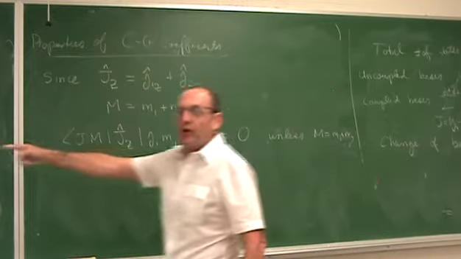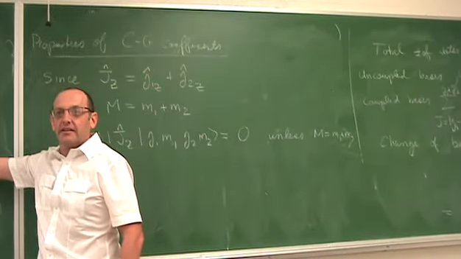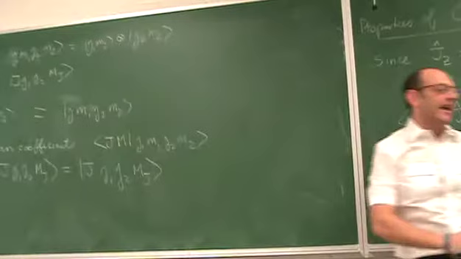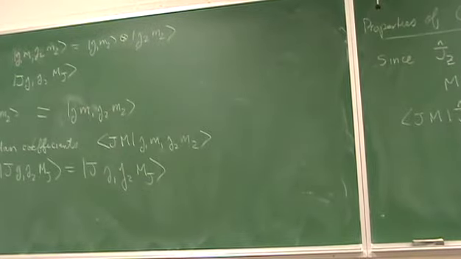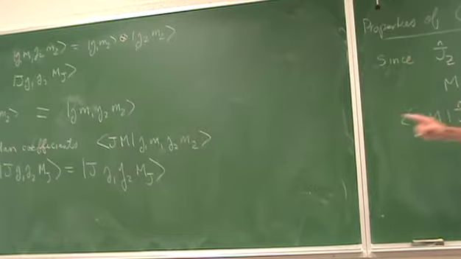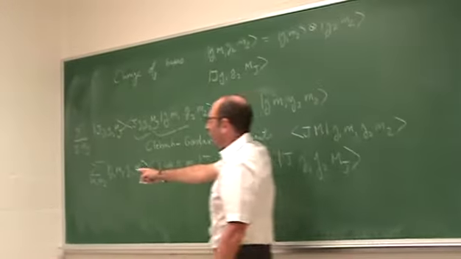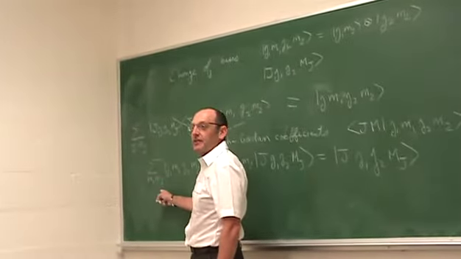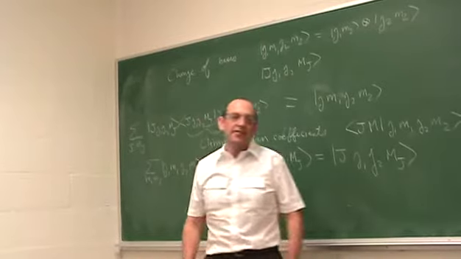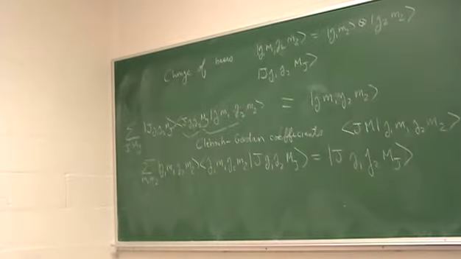Therefore, the Clebsch-Gordan coefficient is 0 unless M equals M1 plus M2. So in fact, we don't have to sum over both M1 and M2, because the sum of them is constrained to be capital M.